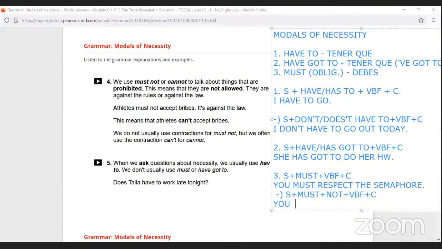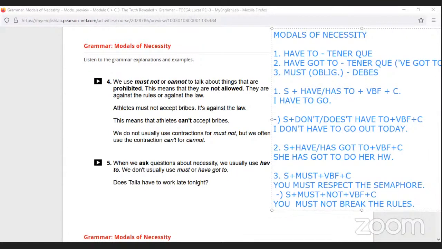For example, you must not break the rules.